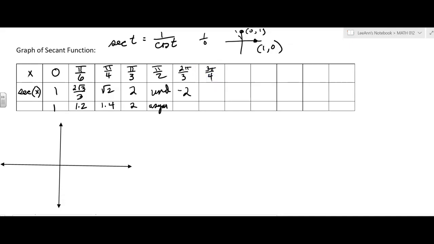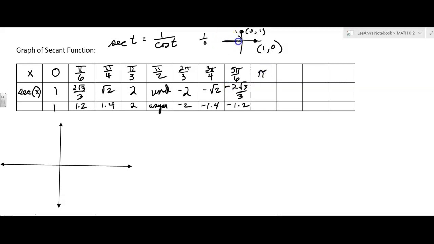Again, the cosine is going to be negative in this quadrant, so it's going to be negative square root 2, which is negative 1.4. Negative 2 there. And then we've got 5 pi over 6. That's going to give us negative 1.2, so negative 2 times the square root of 3 over 3. And then you're at pi.